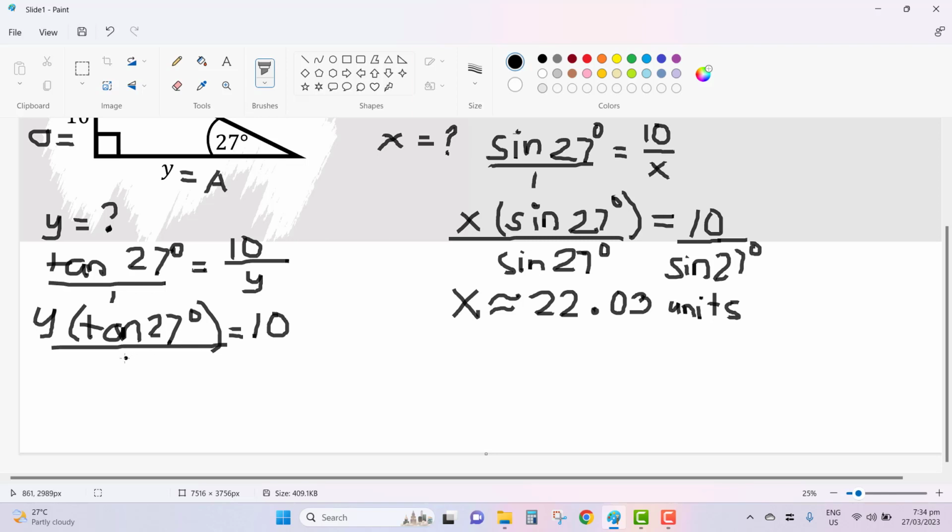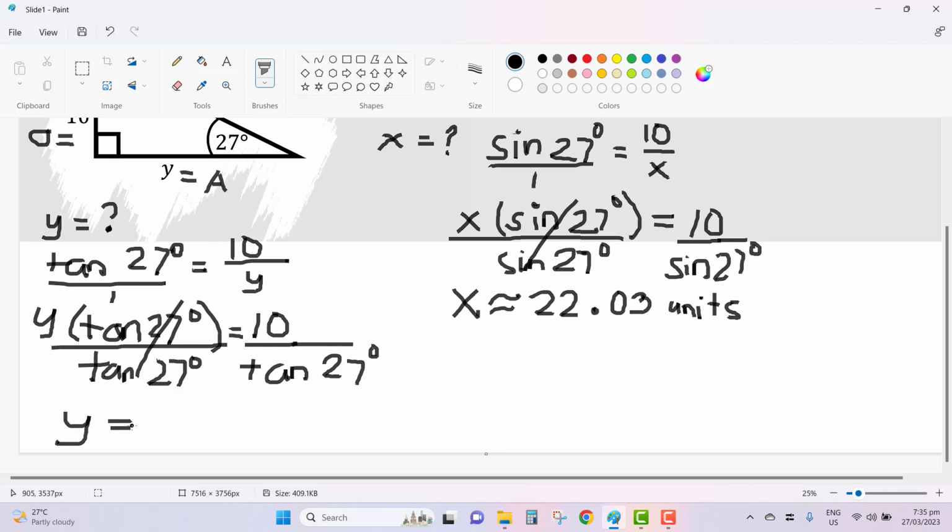And then we divide both sides by tangent 27 degrees, so that we could cancel this out just like earlier. You will have tangent 27 degrees as the denominator of the fraction, where 10 is your numerator. In solving for the value of y, we simply need to determine the value when we divide 10 by tangent 27 degrees.